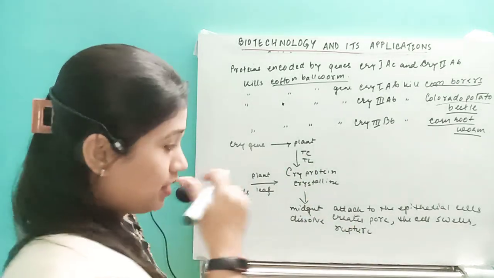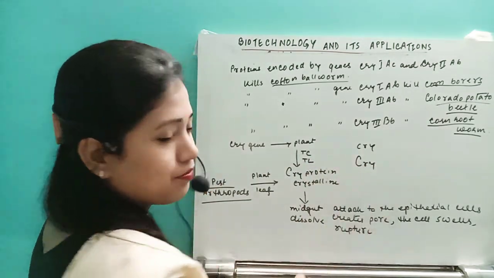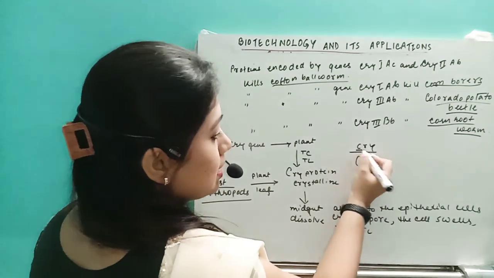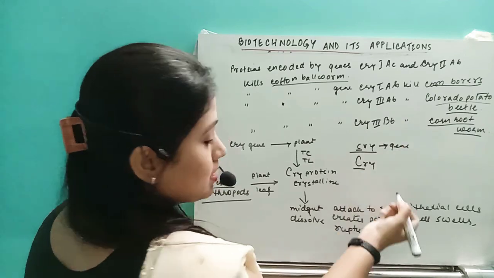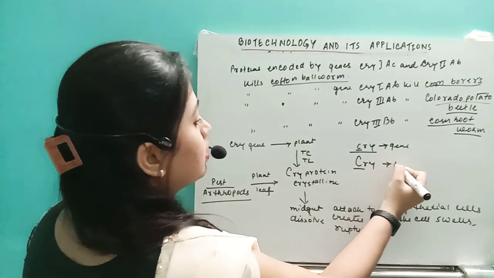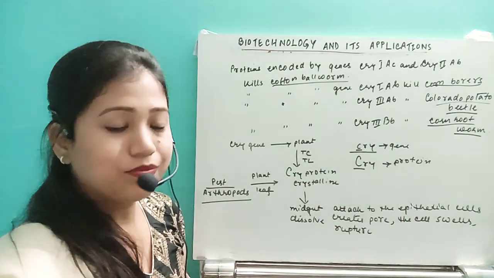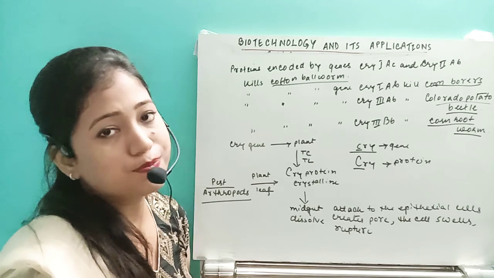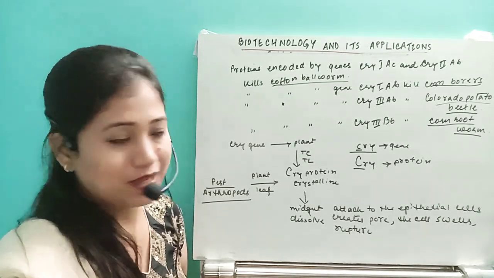Just remember the difference between these two. If it is cry with a small c, then this is the gene, and if that C is capital, this will be the protein. Now let's see how many different types of cry genes are responsible for killing or destroying the various types of pests.